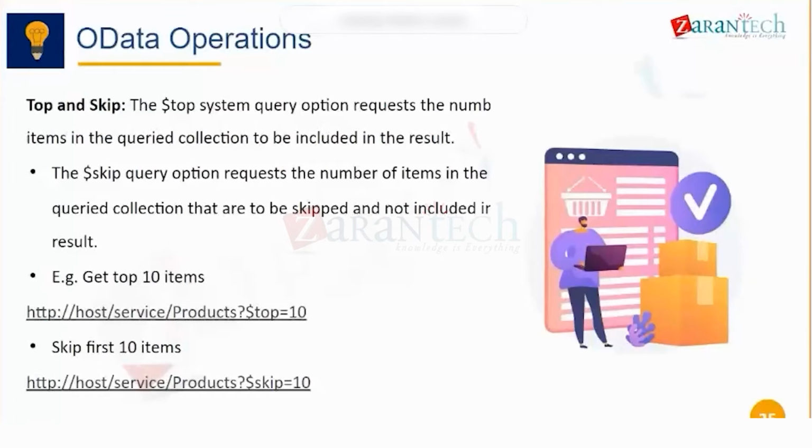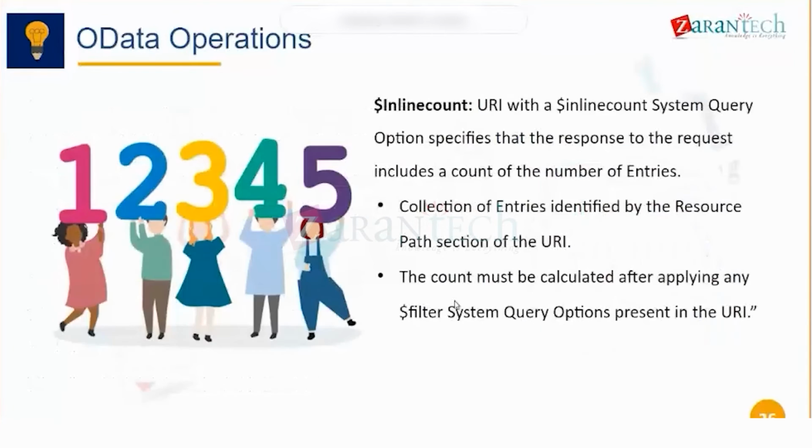So within the select query, if you want to display the top 10 elements or top 5 elements, you can specify those. And if you want to skip the first 10 elements, based on some criteria, you want to skip a particular number of items. In that case, you can use the skip.